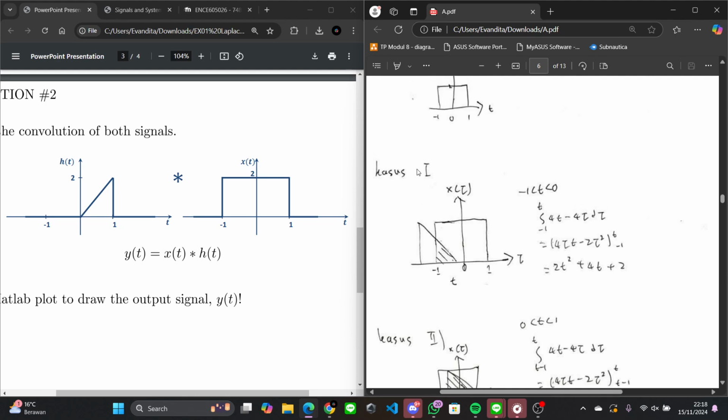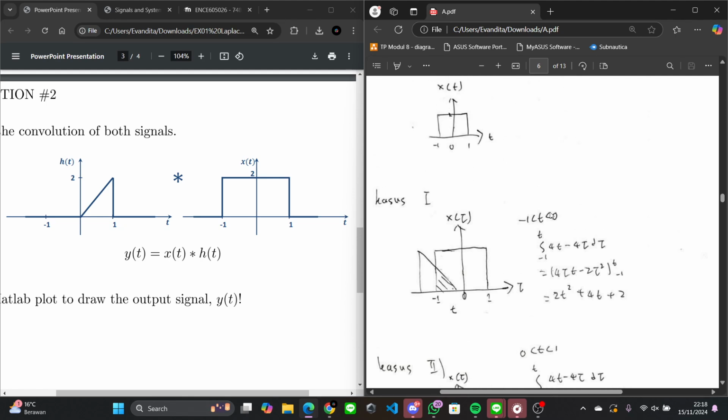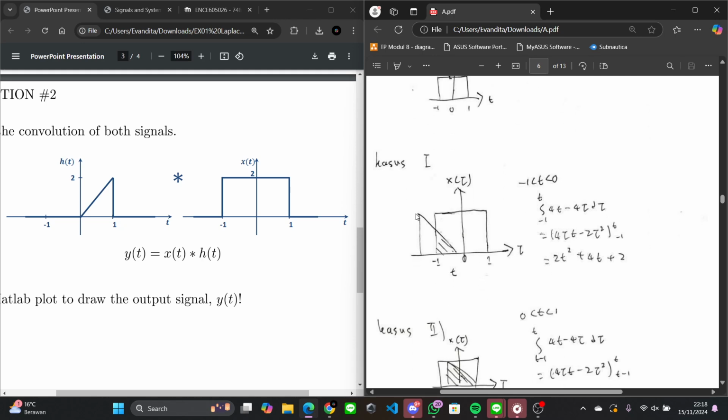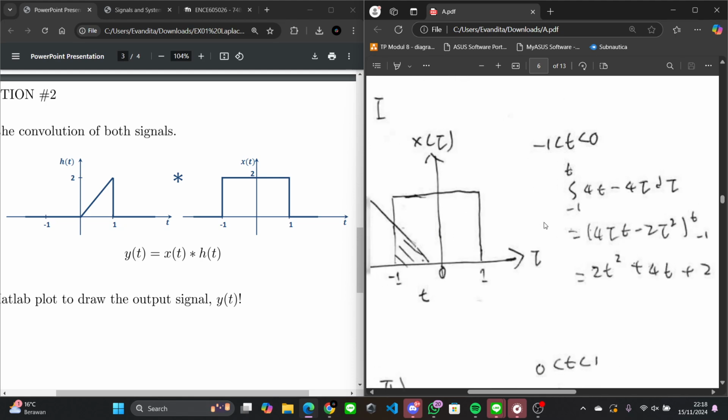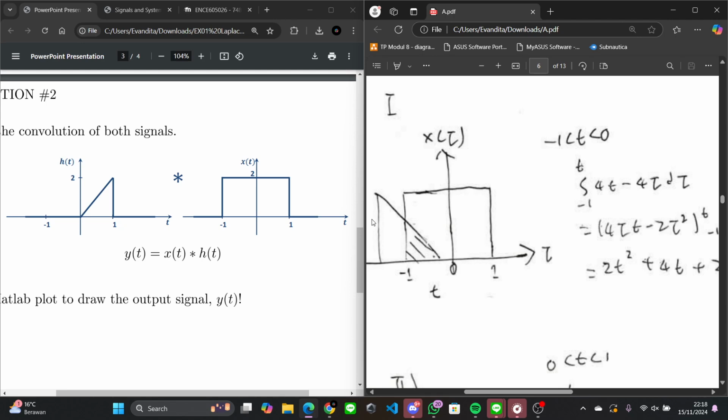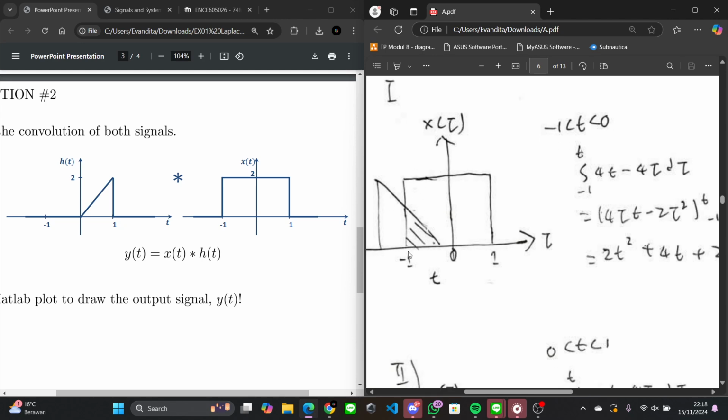So case 1 happens when t is from -1 to 0. We just do normal integration. The bottom limit is -1 and the upper limit is t, because during this period only this section that I underlined collides. So the rightmost is t, not 0.